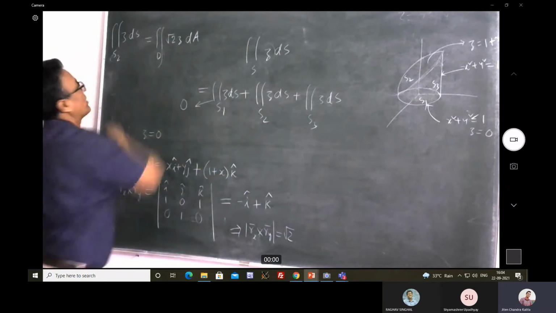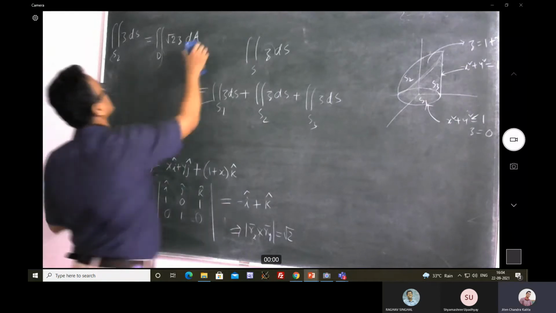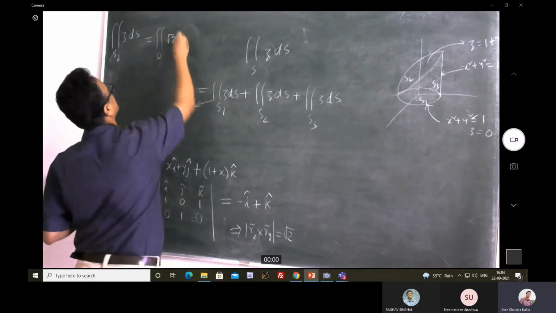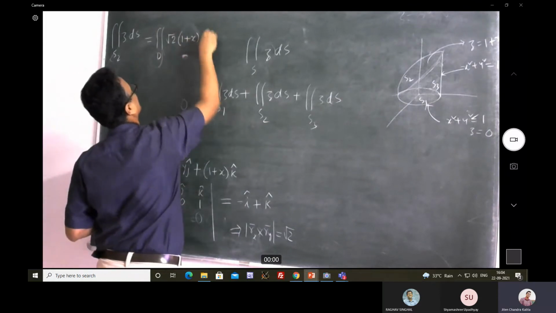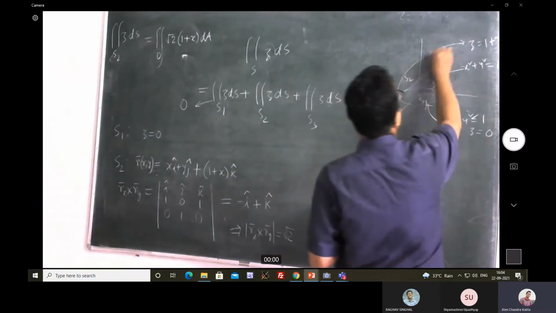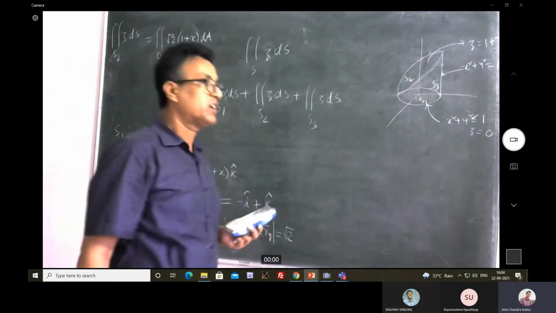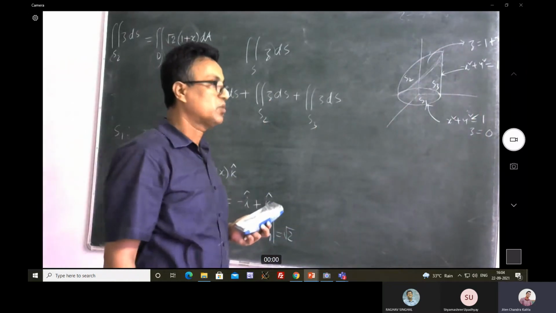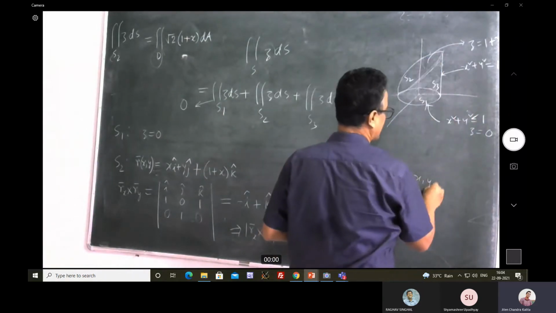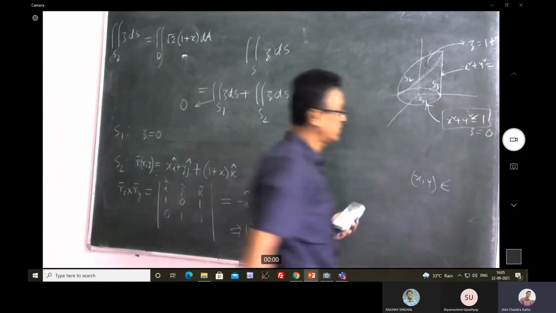Now let us come to the point. What is D here? And of course, z is your 1 plus x, right? If you consider this particular surface, all the x, y lie in this disk, isn't it?